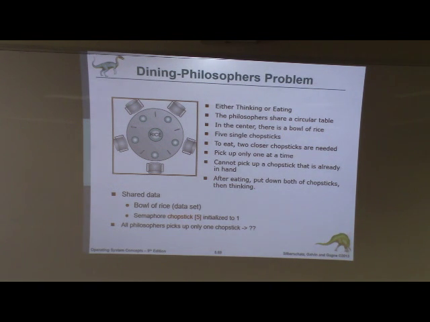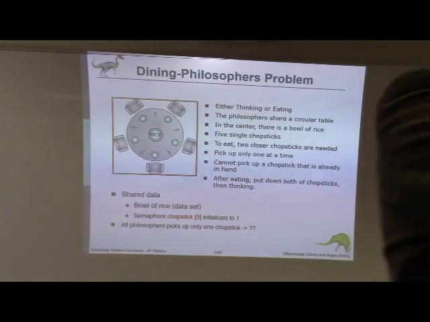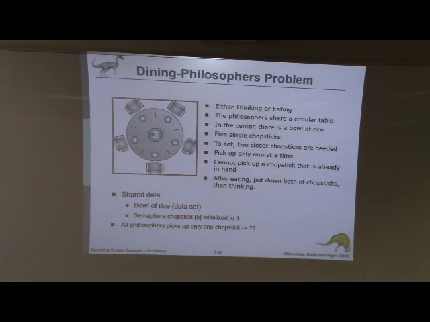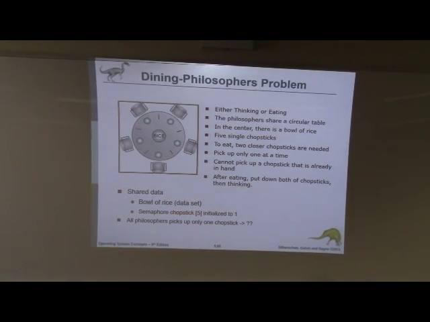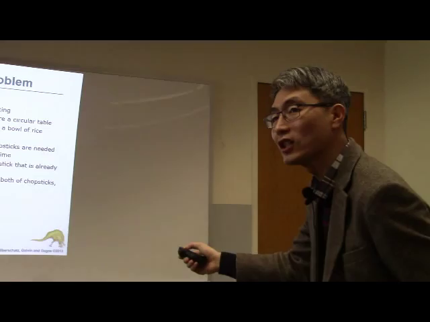So let's consider we have 5 philosophers. Each philosopher can do only one of two things: eating or thinking. In terms of processes, we can consider each philosopher, each person, as a process.